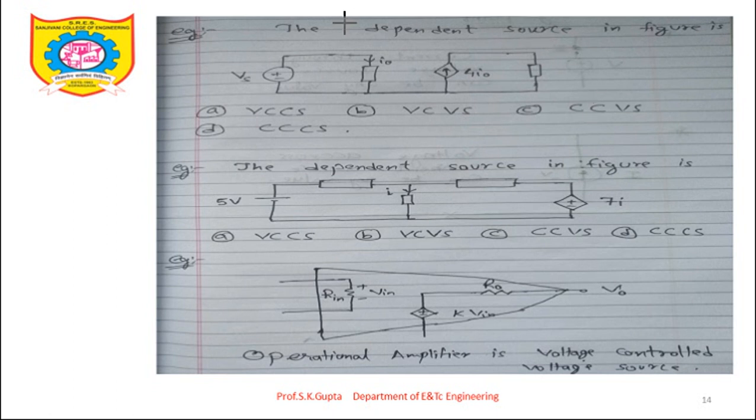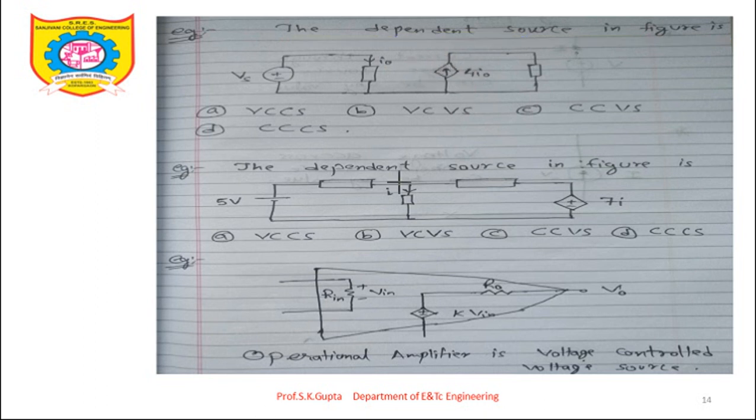One circuit is given to us, and the question is: the dependent source shown in the figure is? We have to tell what type of dependent source is present in the circuit. The circle means independent source, and this diamond shape means it is a dependent source.